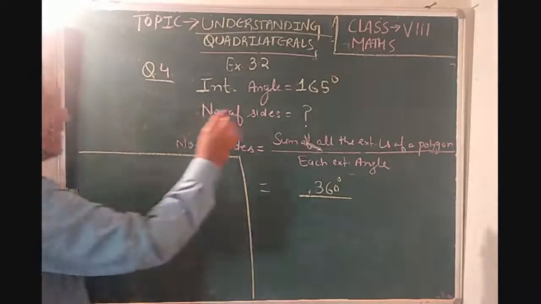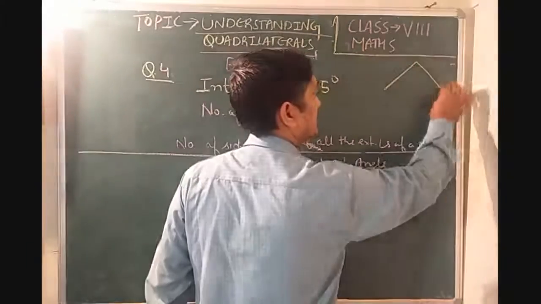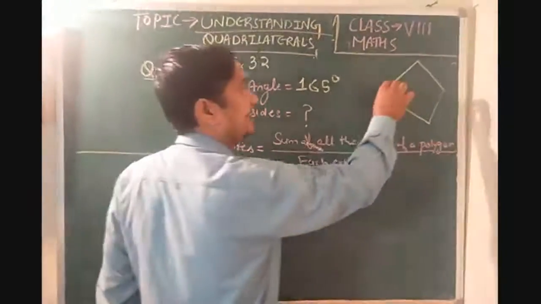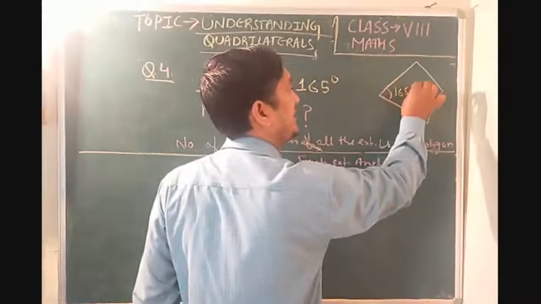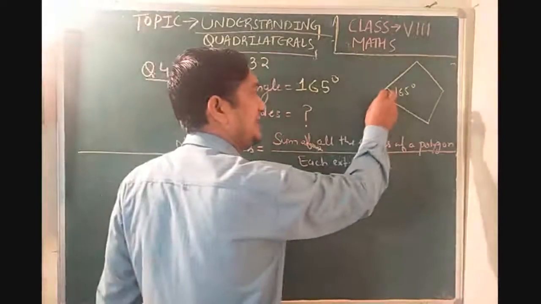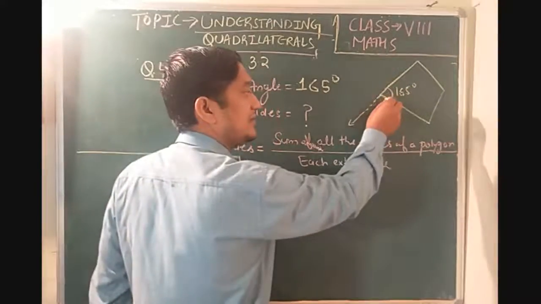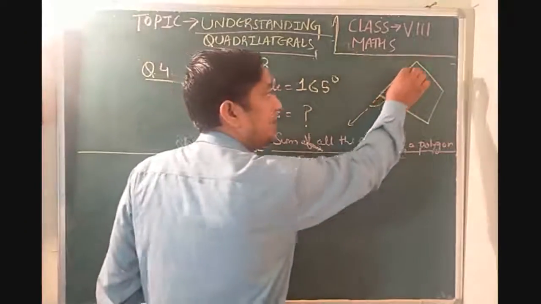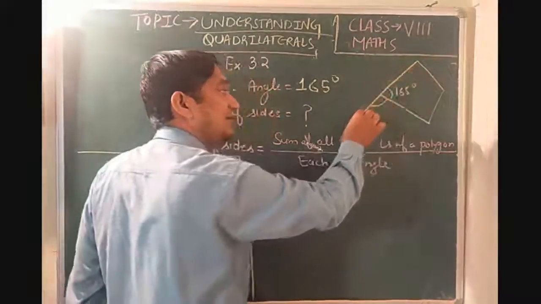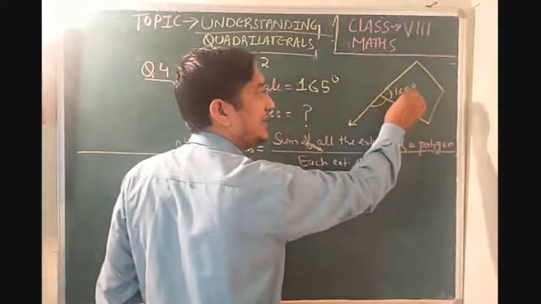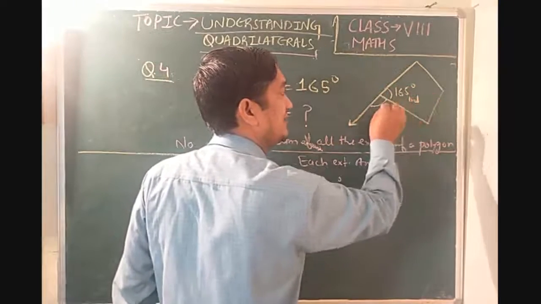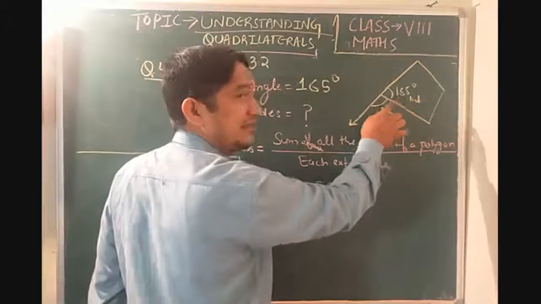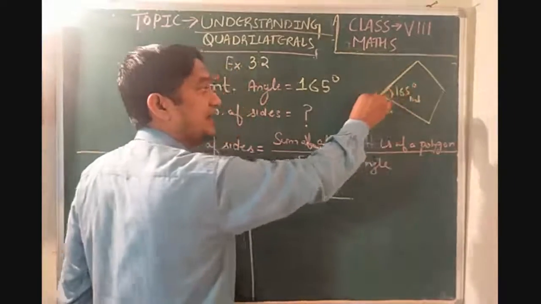Let us suppose we have a polygon like this. This is a polygon. And here we have a 165 degree interior angle. So its exterior angle is this. So children, remember, see, this is a straight line, and this is the interior angle and this is the exterior angle. So these two angles, interior and exterior, form a straight line.